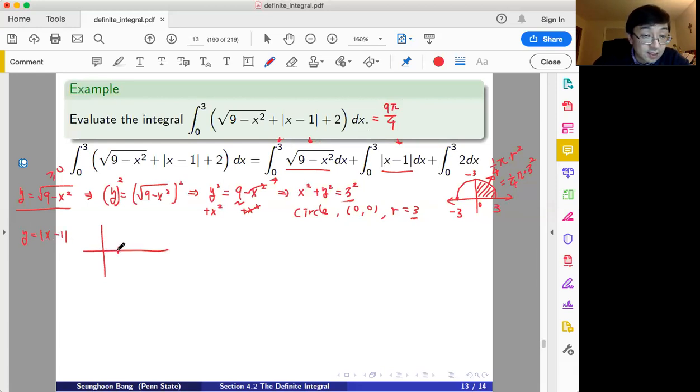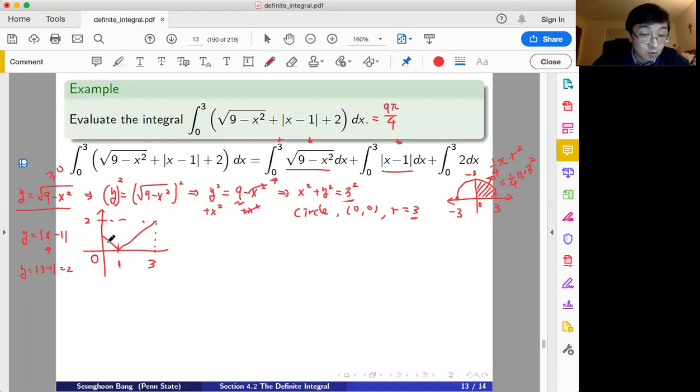The graph is like a V. We can choose 3: plug 3 into x and calculate. y equals absolute value of 3 minus 1, exactly 2. The y value is 2.